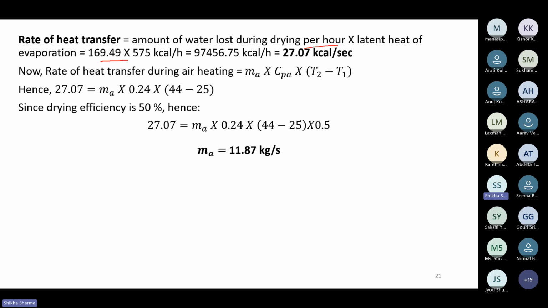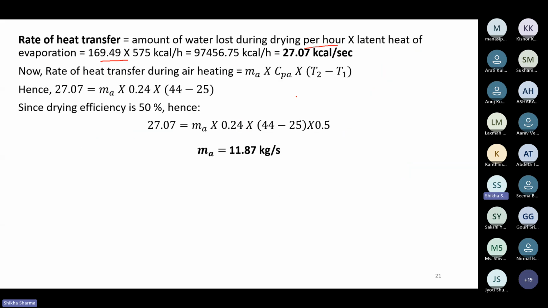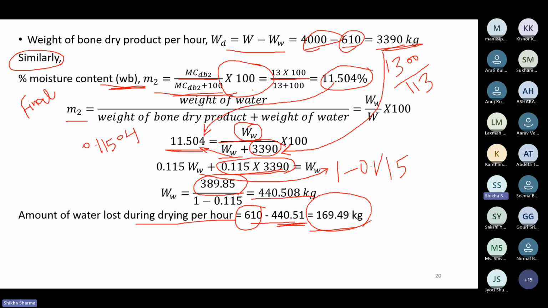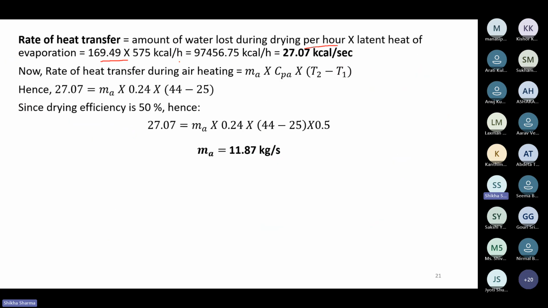So water is losing with the speed 169.49 kg into the latent heat of evaporation, which is given in the question as 575 kilocalorie per hour, and then if we multiply we get 97456.75 kilocalorie per hour, and if we convert this we can divide by 60 into 60 and we get 27.07 kilocalorie per second.